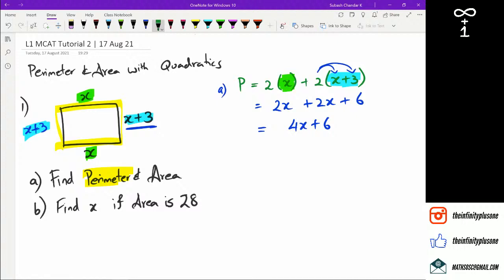When we get to part A, we're still trying to work out the area. Remember that area is equal to base times height. In this rectangle, the green x is the base, and the blue is the height. So area is equal to base, which is x, multiplied by the height, which is x plus 3.